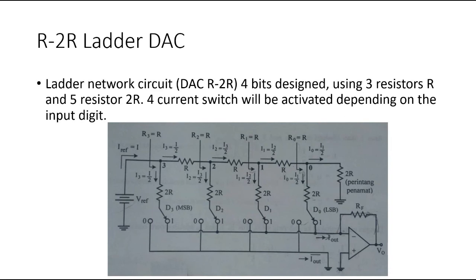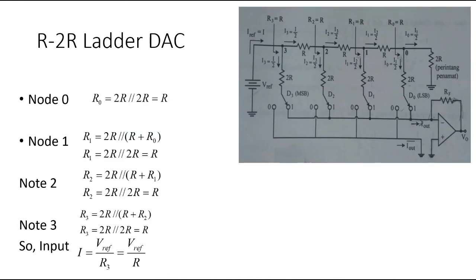And 4 current switches will be activated depending on the input digits. So if we look here, we have R1, 2, 3 and also 2R, we have 1, 2, 3, 4 and 5.